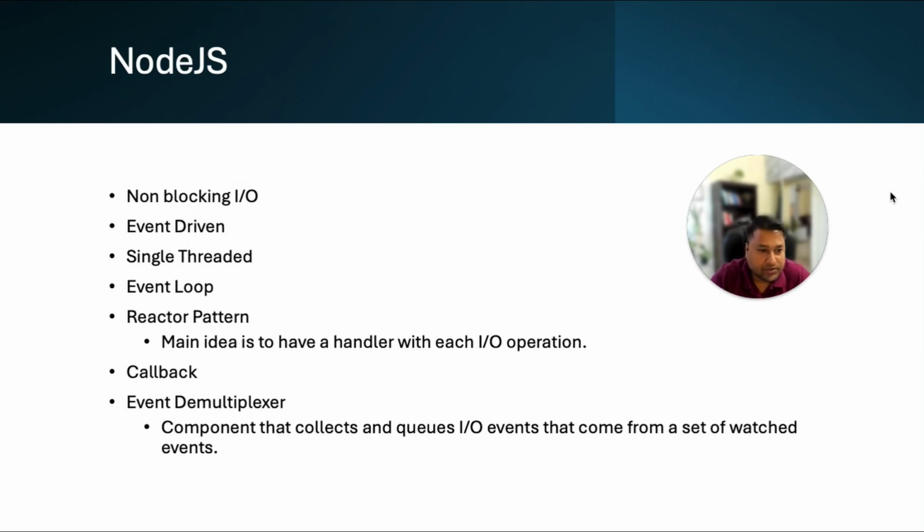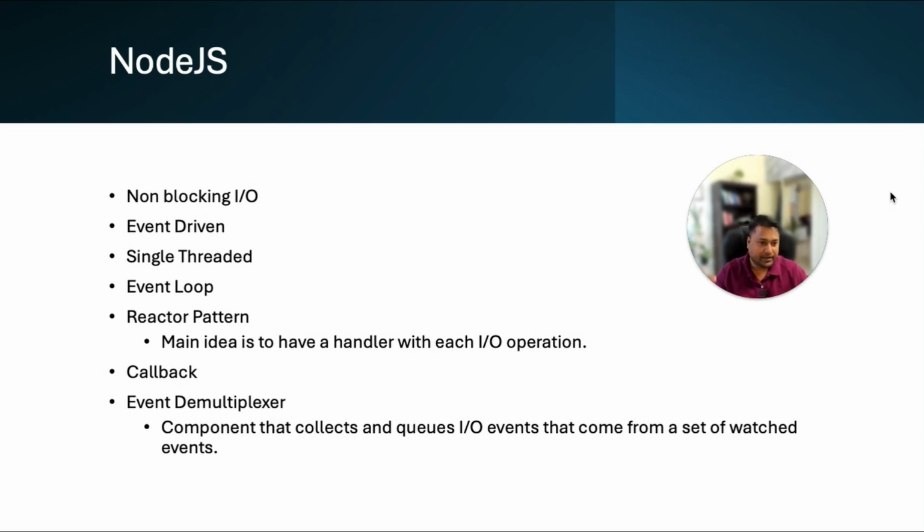We also understood the callback, and then you will have to understand the event demultiplexer. The event demultiplexer is something very specific to your operating system. Almost every type of operating system has a different implementation of the event demultiplexer. The idea behind it is that it's a component that listens on many resources of the operating system, different parts of the operating system.